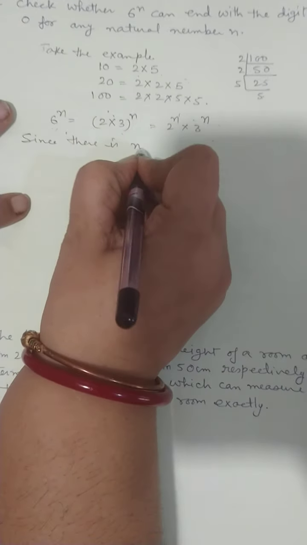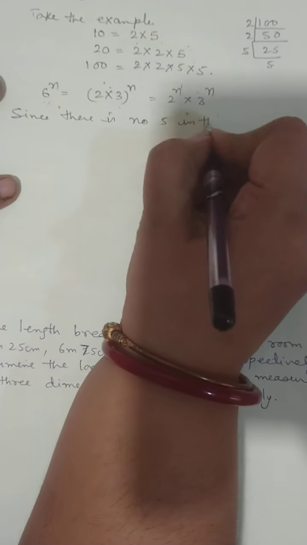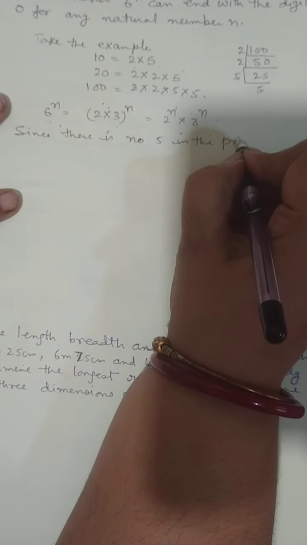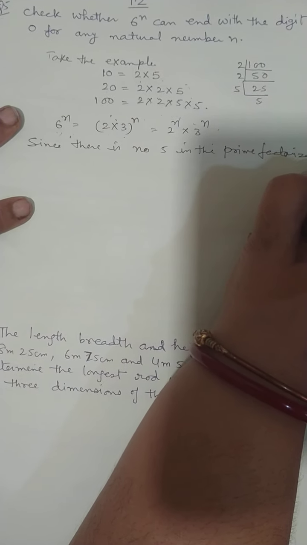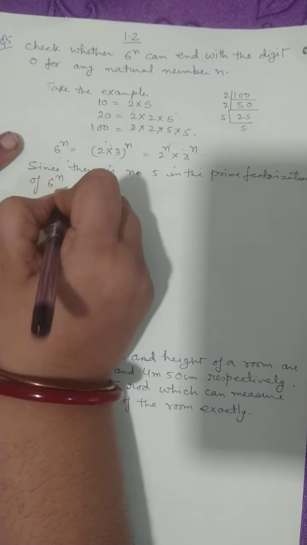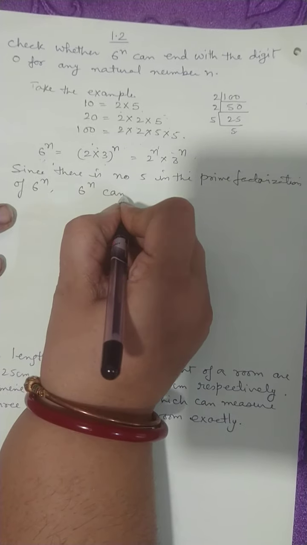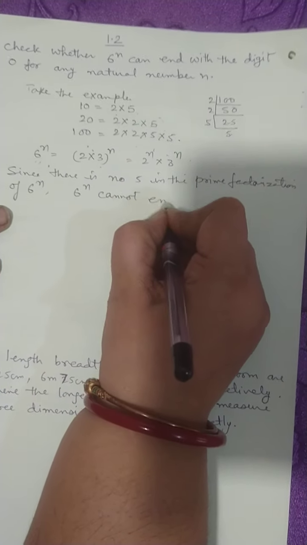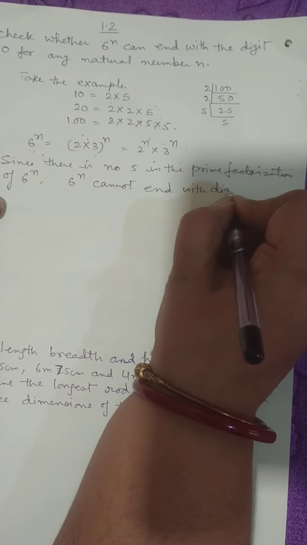Since there is no 5 in the prime factorization of 6 to the power n, 6 to the power n cannot end with digit 0.